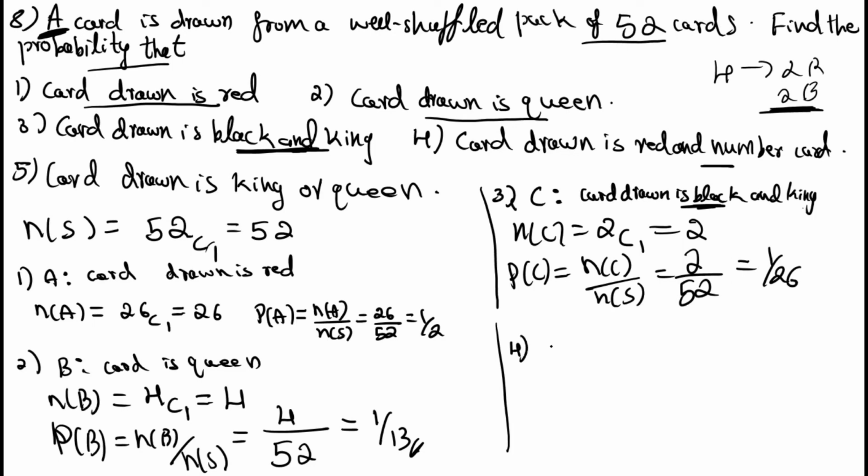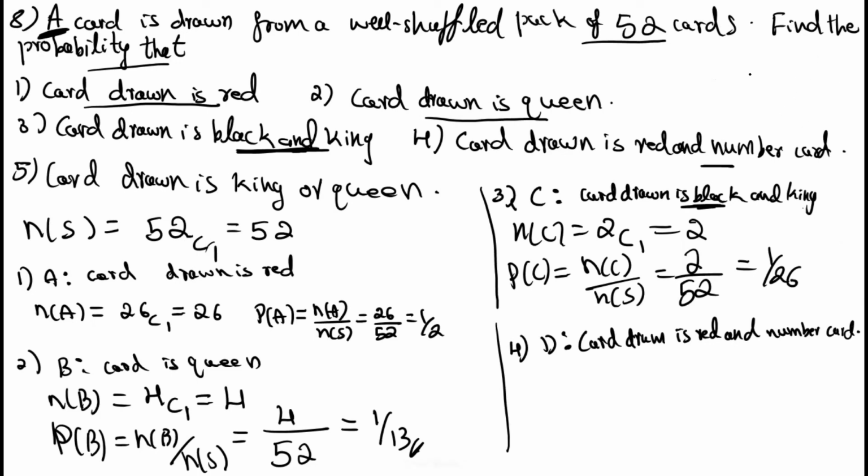And see the fourth question. Take it as event D. Card drawn is red and number card. Now see, card drawn is red. In the middle 'and' is given.